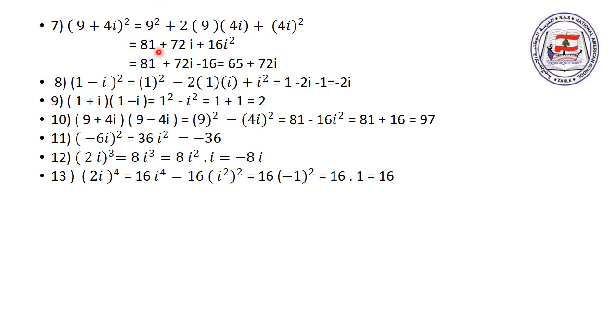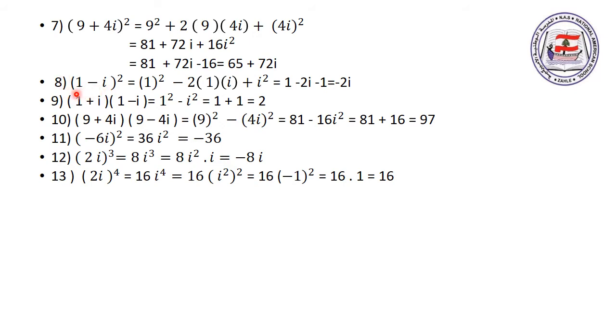After reducing this, we get 81 plus 72i plus 16i squared. Remember that i squared is equal to negative 1, so the final answer will be 81 plus 72i minus 16, giving 65 plus 72i.